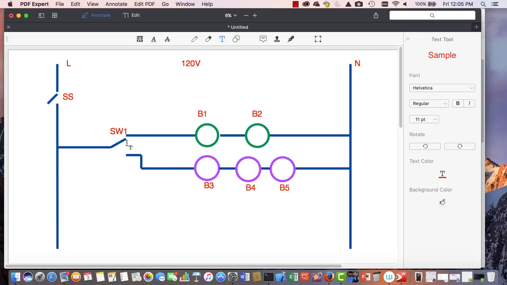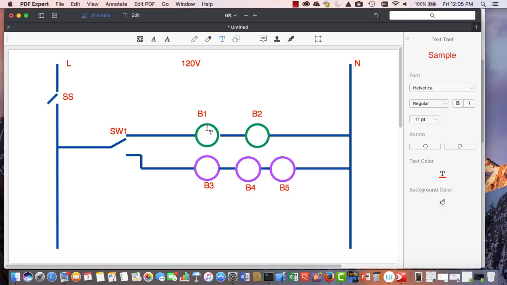It can't connect to 2 bulbs at one time. So again, just to recap, this description basically told us every component we had to use. So all we had to do was put the components in the right place. It actually gave us a sequence of operation.